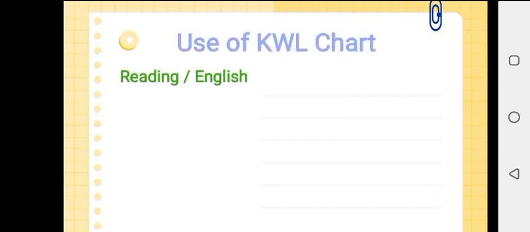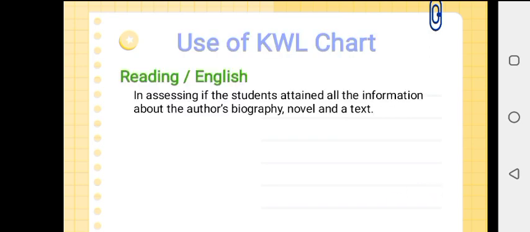So now let us also talk about the use of the KWL chart, specifically in reading and in English. By using the KWL chart, we can assess if the students have really attained the information about the author's biography, novel, and a text by making them complete the KWL chart about the selected author.